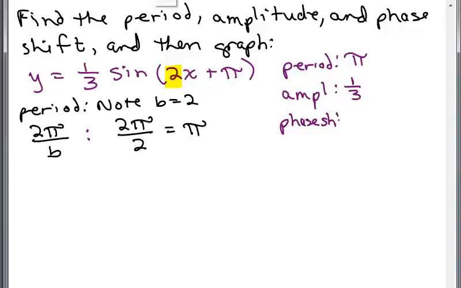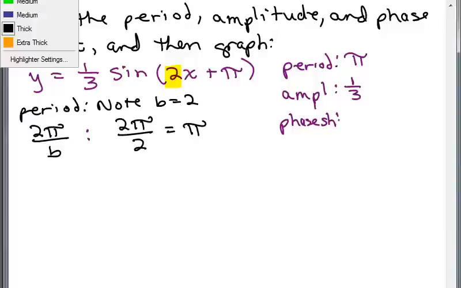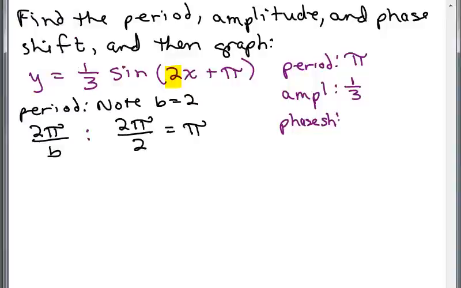All right, so if you remember from the problems where we were just doing problems with a phase shift, like y equals sine of 2x, what we did is we would take whatever is in the parentheses, the whole thing in the parentheses, and say what would x have to equal to make that 0?